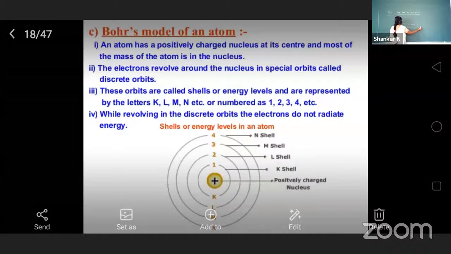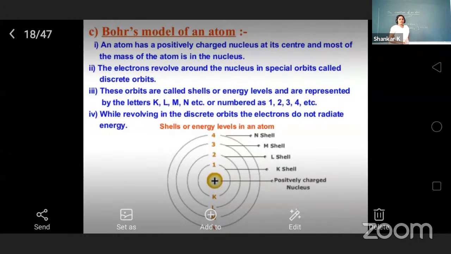This part we call the nucleus, and what surrounds the nucleus we call a shell or orbit.